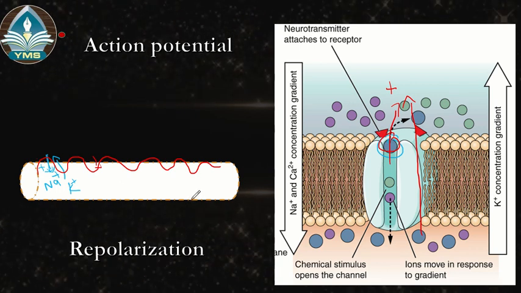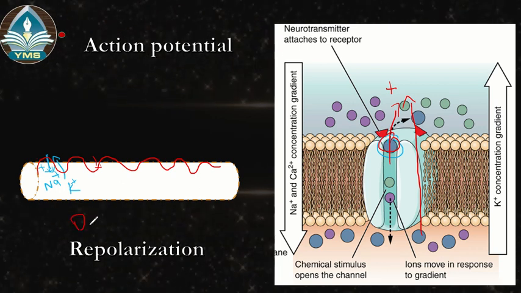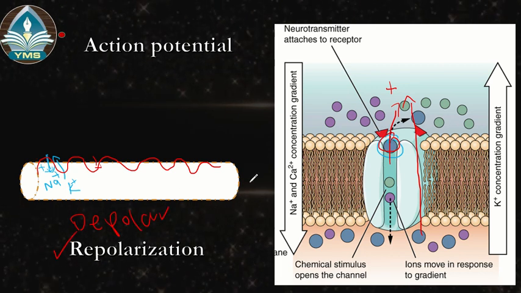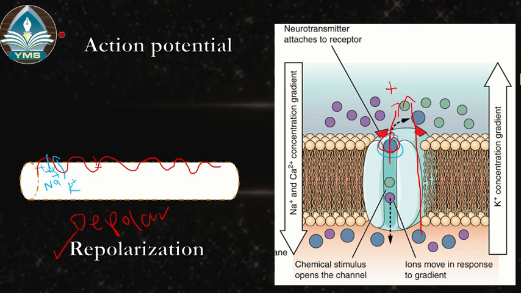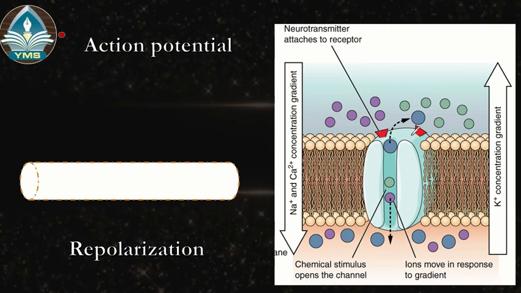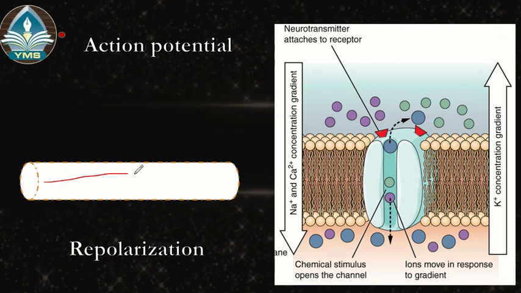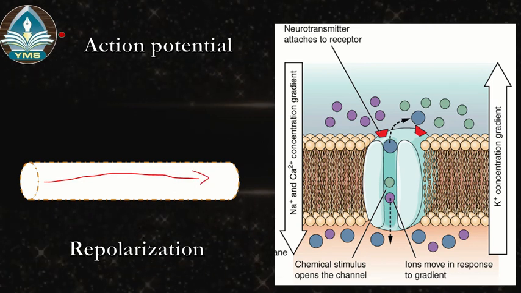So action potential is a wave of depolarization and repolarization which happens along the axon. This will trigger action potential and will allow the impulse to travel throughout the axon of the neuron.